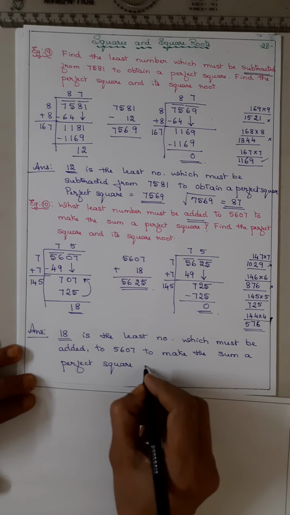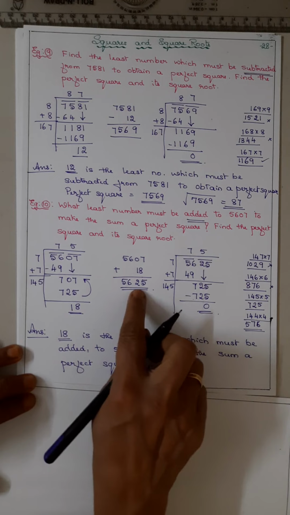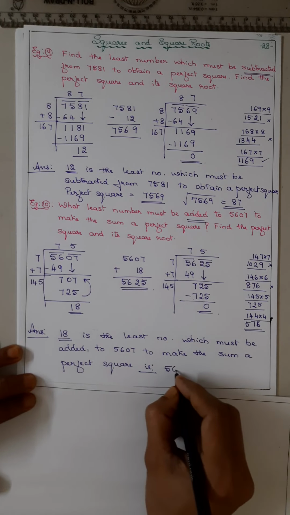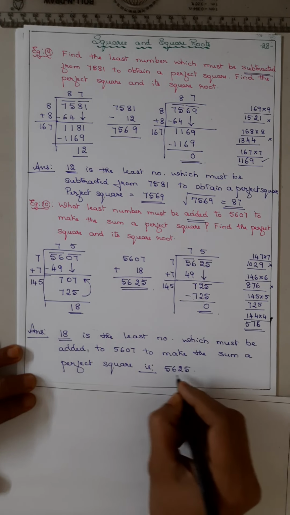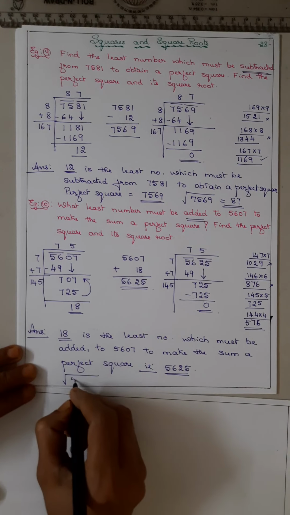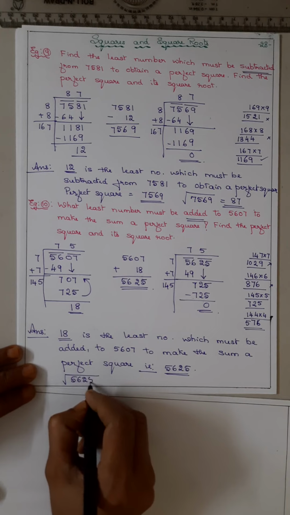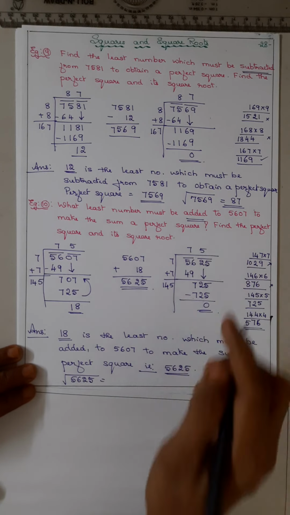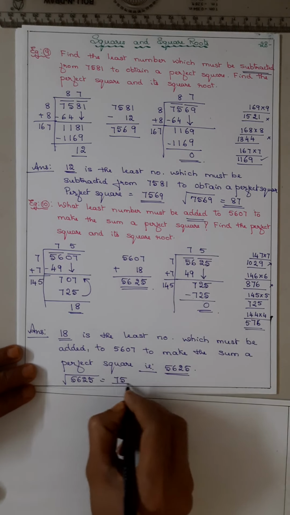That is, which is the perfect square? 5625. This is the perfect square. Now write: square root of 5625 is equal to 75.